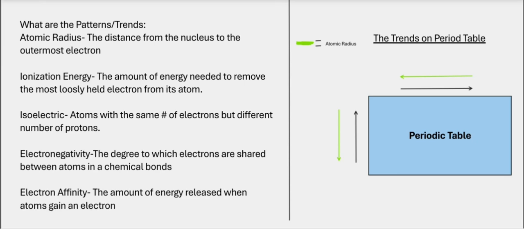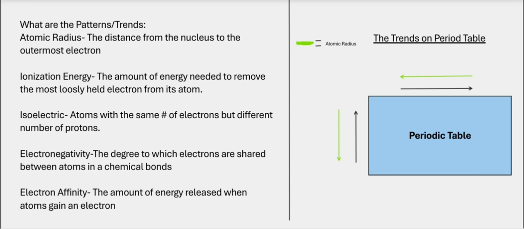Atomic radius again is the size of an atom, and those trends are symbolized by the light green arrows. As you go down a group, you have a higher atomic radius, and as you go left on a periodic table, the greater the atomic radius is.